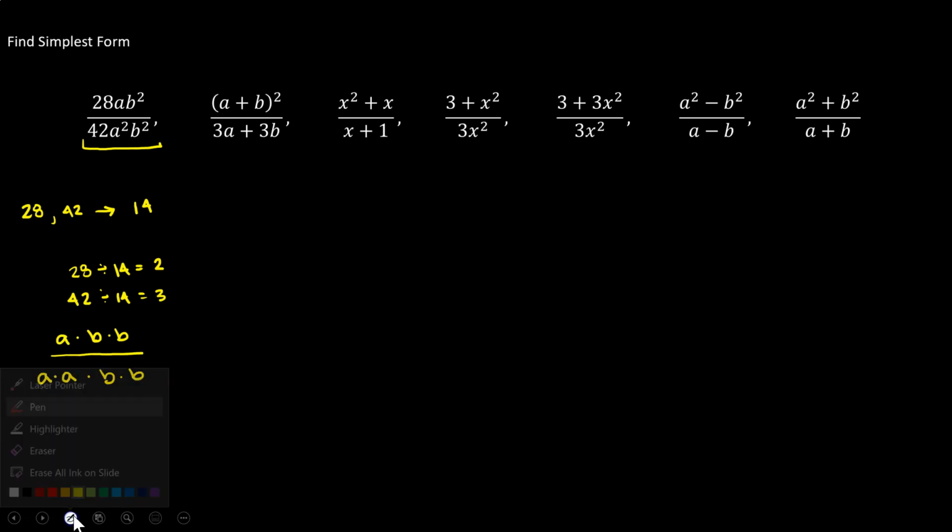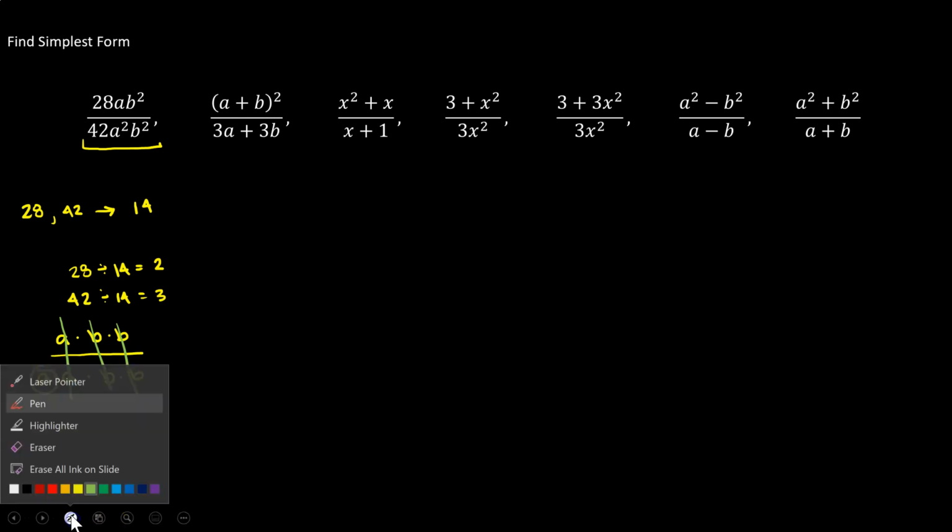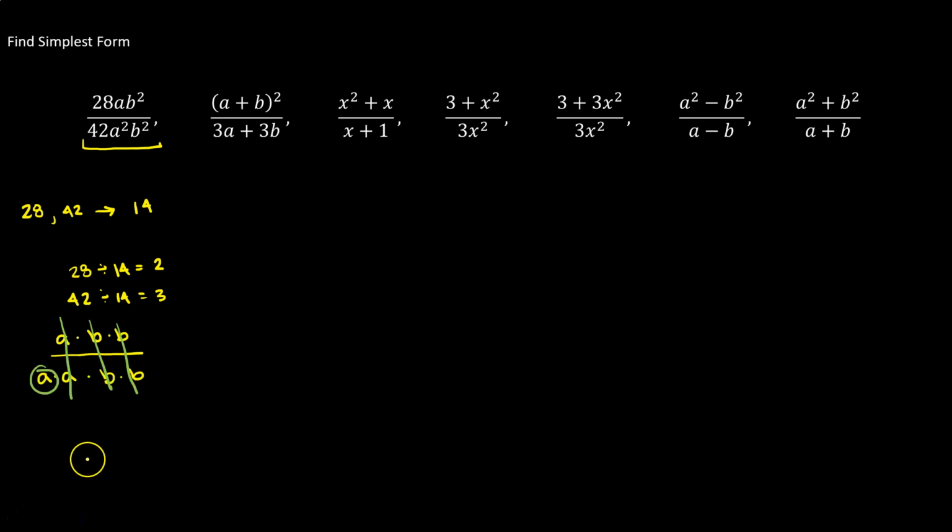Now, anything that matches, any of these factors that match on top and bottom, we'll divide them off. So I have a pair of a's that match, they'll divide off, and we have 2 pairs of b's that match. The only thing left is a factor of a in the denominator. So for our simplified fraction, we will write 2 in the numerator and then 3a in the denominator.